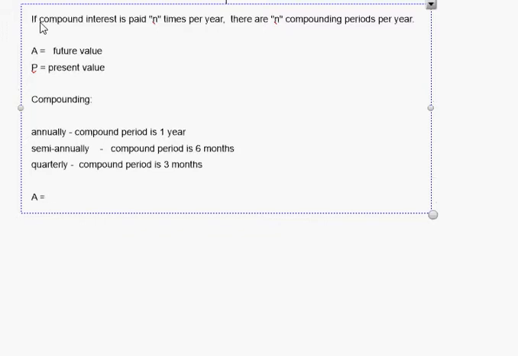A equals P (1 plus R divided by N) raised to the NT is the compound interest formula for T years.